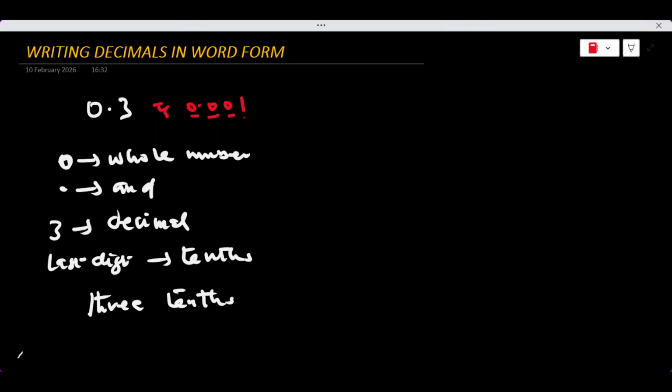You only move to the first non-zero digit, which is 1. So this will be what? 1,000s. 1,000s. I hope that is clear. All right. So with that said, let's look at our second example.